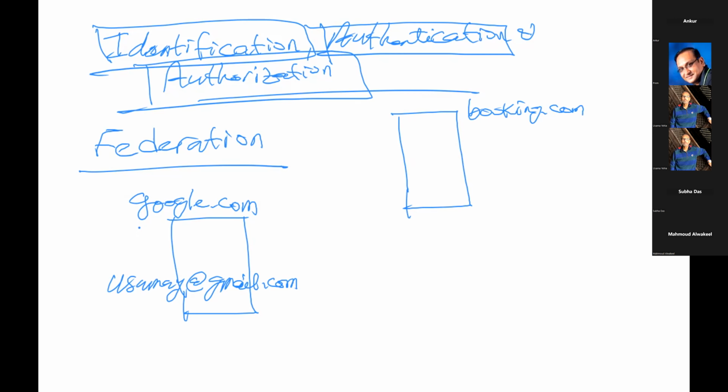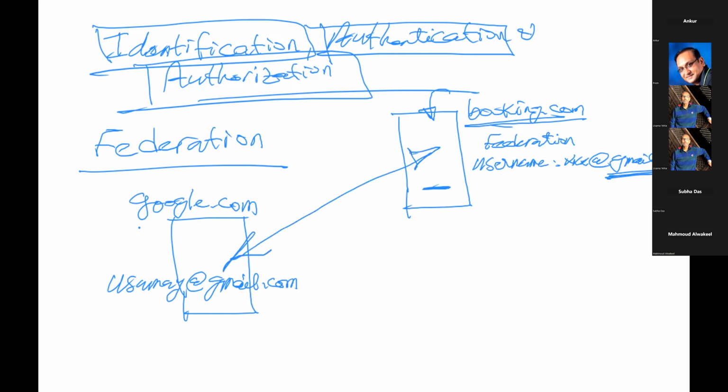operations. Then what we will do is configure something called federation. With this federation, when the user provides a username, anything at gmail.com, the authentication server will know that this gmail.com is not hosted on this server, but there is a connection between this server and that one.